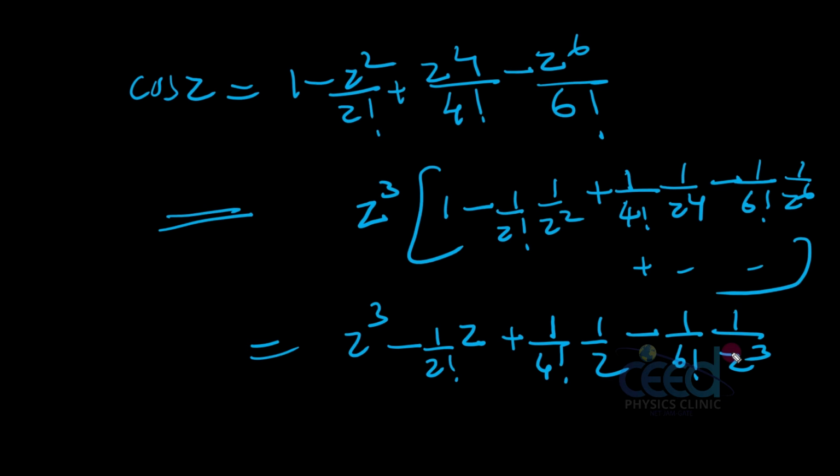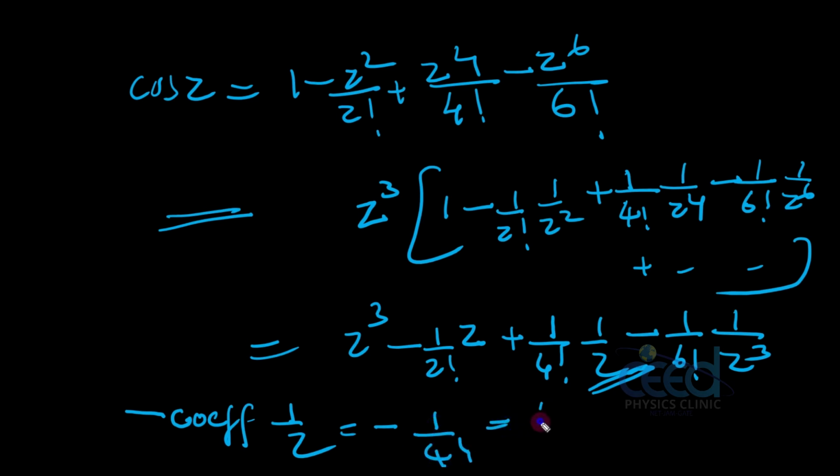So what is the residue? In a series expansion we know it is the negative coefficient of 1 by z. What is the coefficient of 1 by z here? That is 1 by 4 factorial. So the negative of 1 by 4 factorial, 4 factorial is 24, so minus 1 by 24 is the answer.